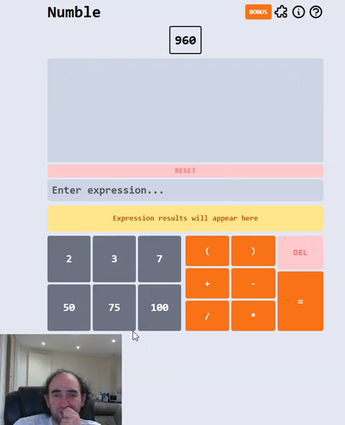Oh dear. What about 860 or 1060, because we could just multiply by something and then add the 100 on afterwards. Don't know how that's going to help, to be fair.